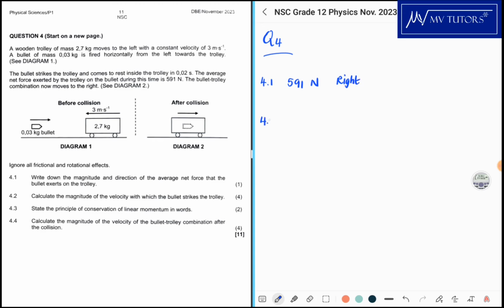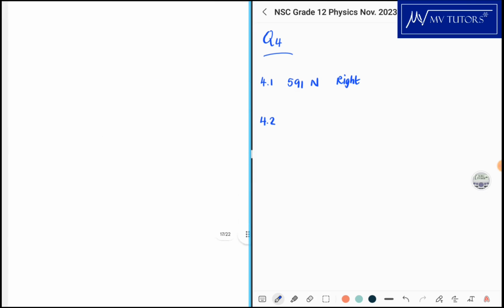And 4.2: calculate the magnitude of the velocity with which the bullet strikes the trolley. Let's have a look at the formula sheet.